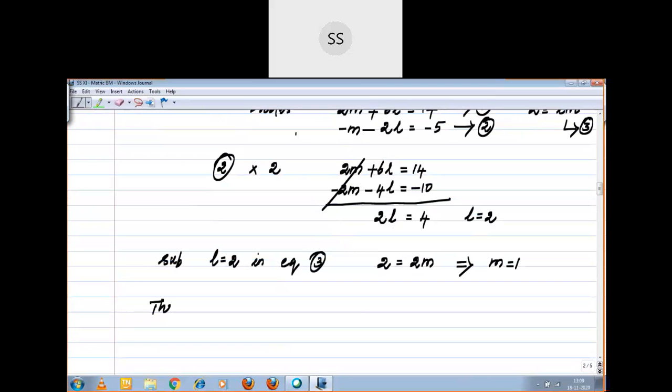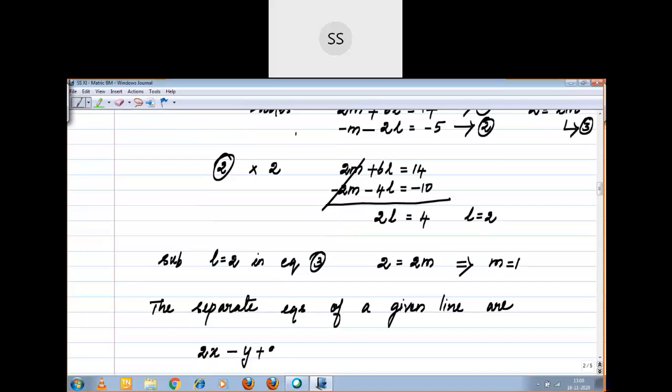Now, the separate equations. The separate equations of the given line are 2x minus y, where L value is 2, so plus 2 equal to 0.